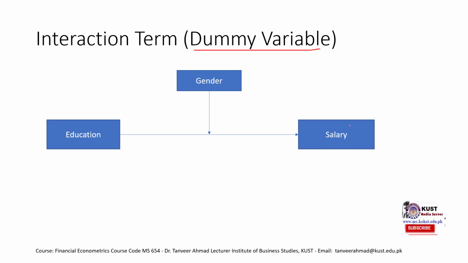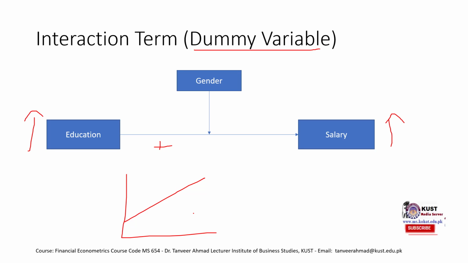So for example, again the example of salary. As education increases, the wage or salary would also increase. This is the positive relationship, and if I draw it on the graph, this is how the graph will look.